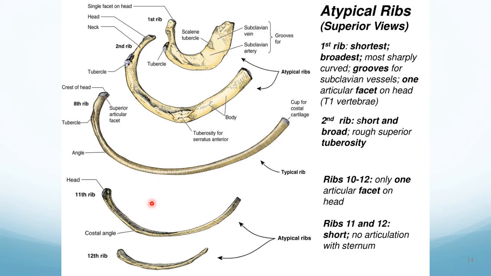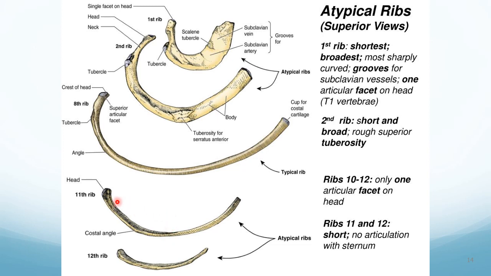The 10th, 11th, and 12th ribs are atypical because the head carries only one articular facet for articulation with the vertebral body. The last two ribs, 11th and 12th, have a pointed anterior end and no costal groove. The 11th may have a costal groove.